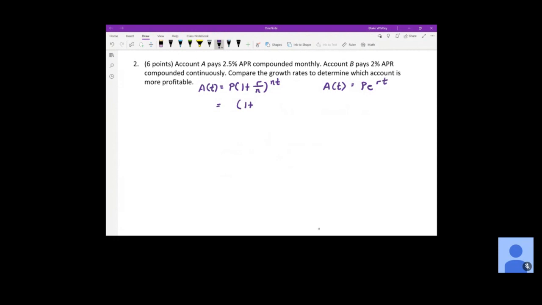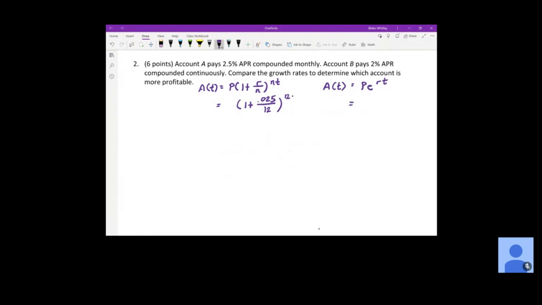So that one's 0.025. That's the one that's compounded monthly, which means our n value is going to be what? 12, just like the first problem. And then we're going to have 12 times something, right? So we don't have a t-value. We don't have a p-value this time. Okay, so I'm just putting in what we do know, and then we'll go back and talk about what to do with those values.